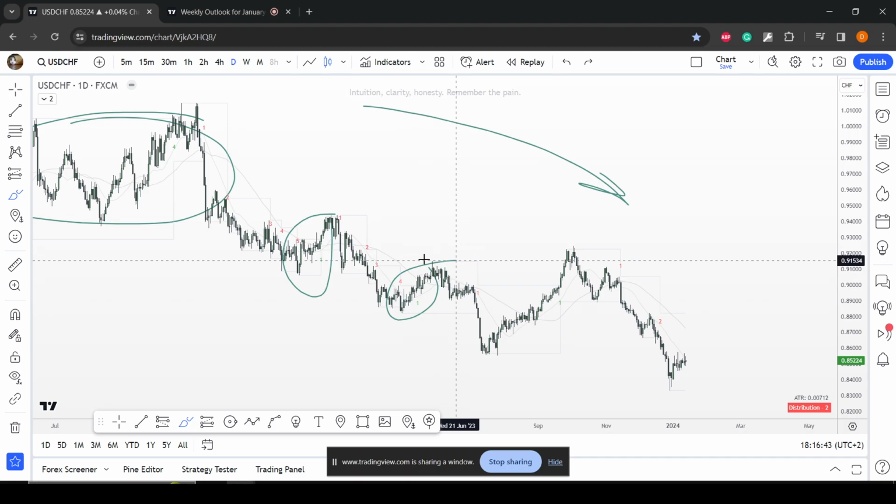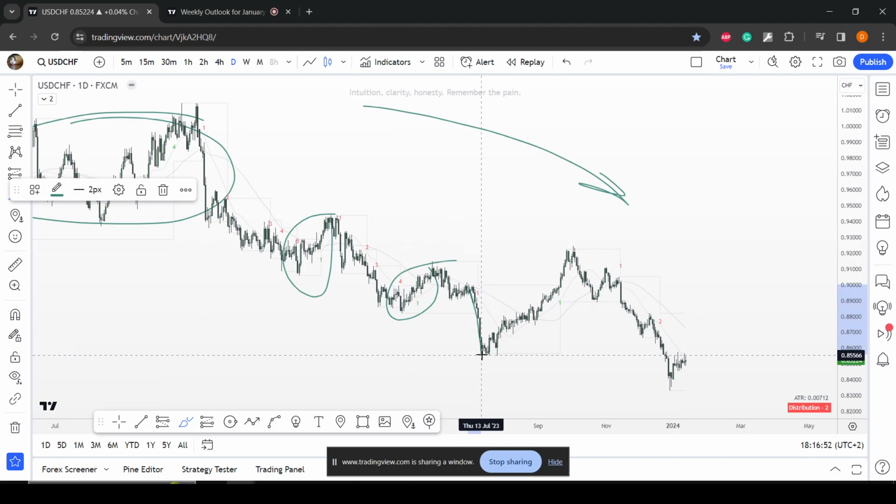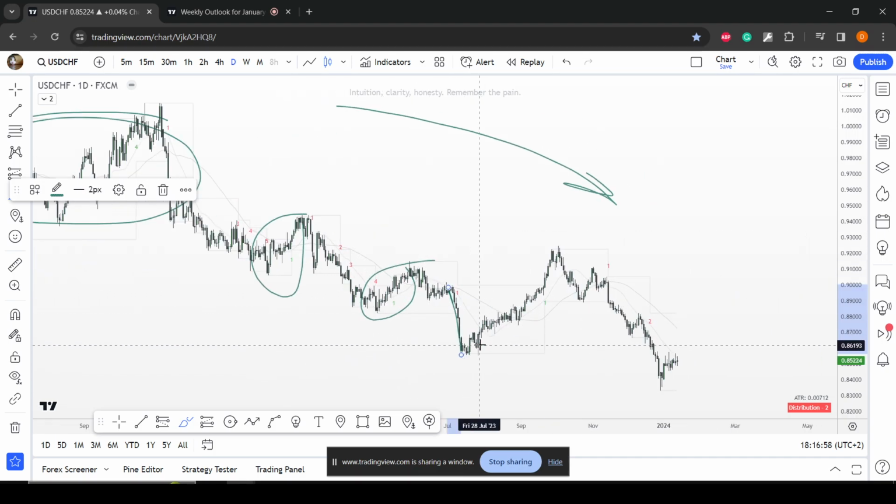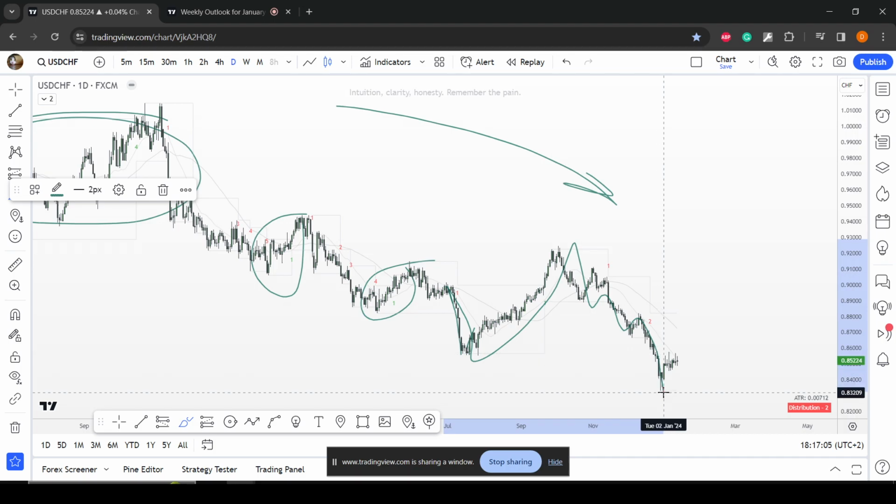And also, price starts to become internally overextended. What it means for me is when pushes and ranges become way too big compared to the usual wave-like motion. As you can see, it just goes down, then goes up, then goes down big time.